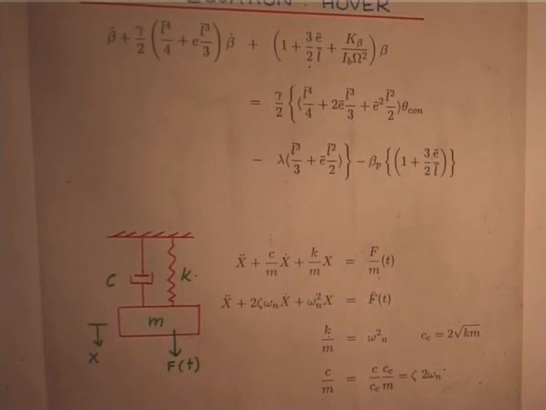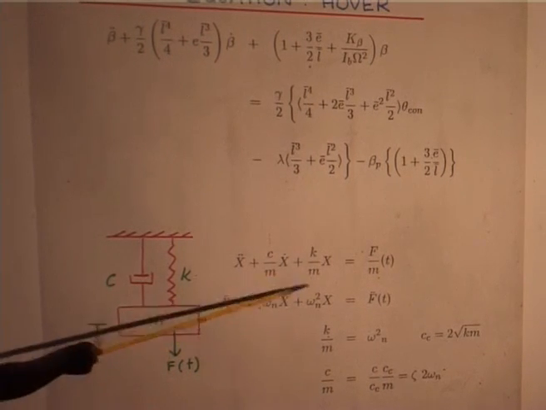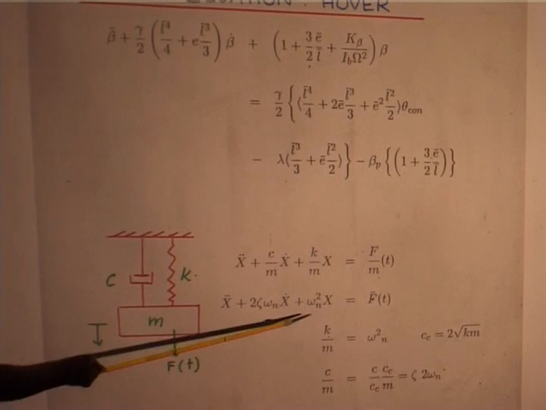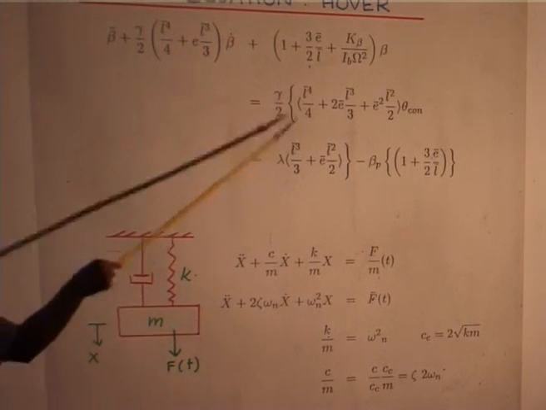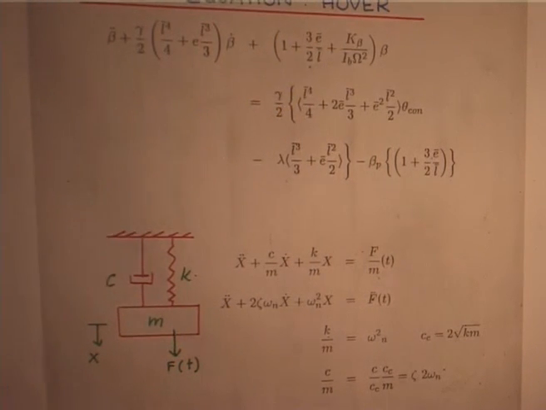Zeta is the damping ratio and k over m is omega n square. So, this is the natural frequency, the rotating flap natural frequency. Now, you know what hinge offset affects. Hinge offset influences the flap natural frequency. Actually, it increases the flap natural frequency.